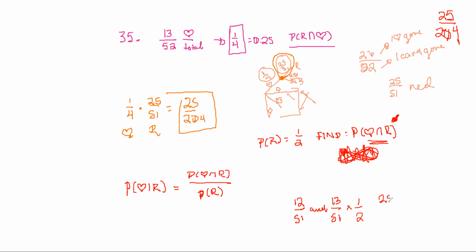So that would be 25 over 51 times 1 over 2, which would give us not quite what we need, because that would be 25 over 102. I don't think you can just add them together like that.